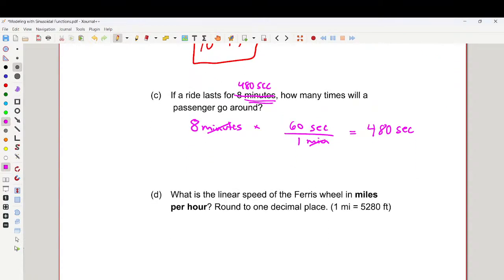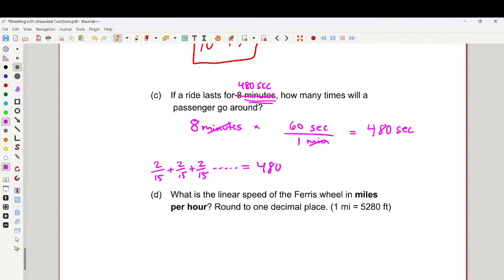But how would we answer this ridiculous question? Whatever makes sense. But for me, I have to talk it out every single time. I'm thinking 2/15ths plus 2/15ths plus 2/15ths, so many amount of times has to equal 480.